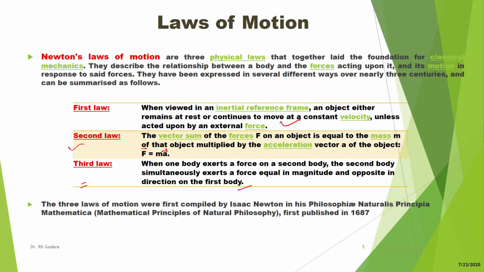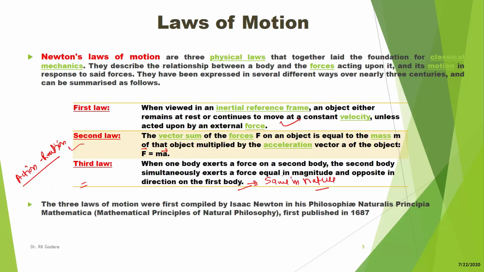So here there will be a pair of action and reaction, and both action and reaction, this couple, come into the picture at the same time. And one more thing, both the action and reaction will be equal in magnitude, opposite in direction, and the same in nature.